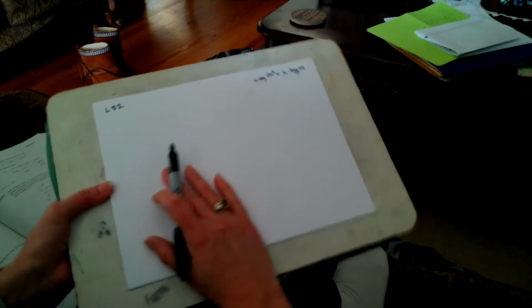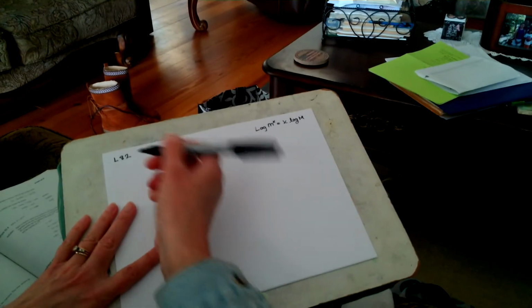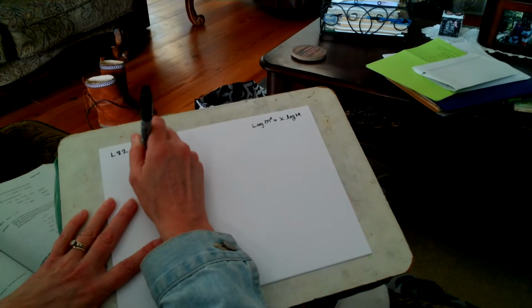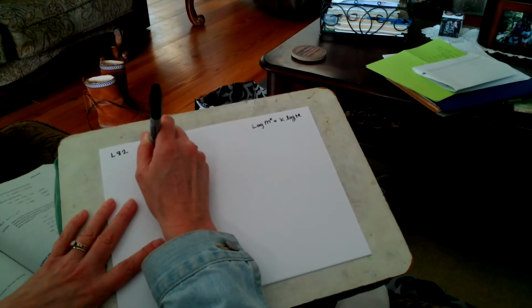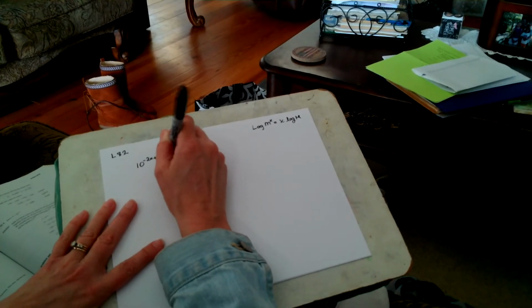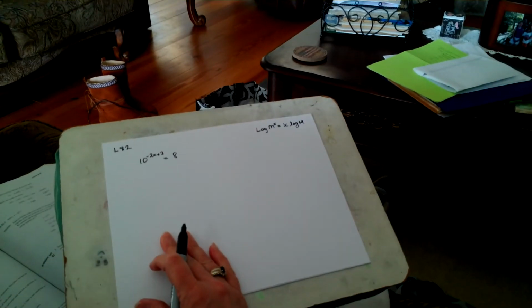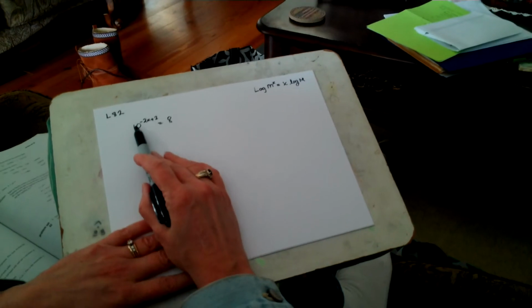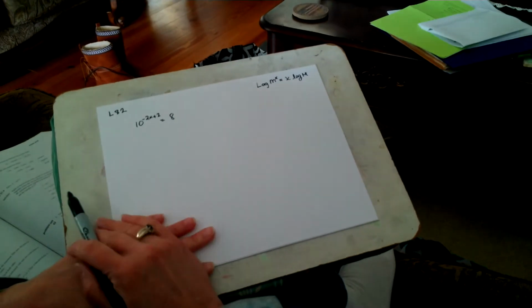So if we look at our example for this lesson, we've got 10 to the negative 2x plus 2 is equal to 8. So we're looking for x, and this says that there's some number that we raise 10 to and we get 8.